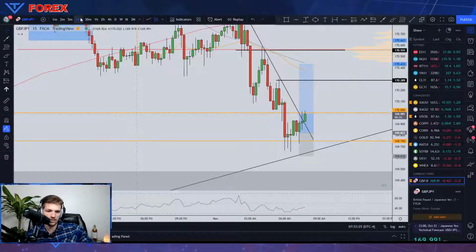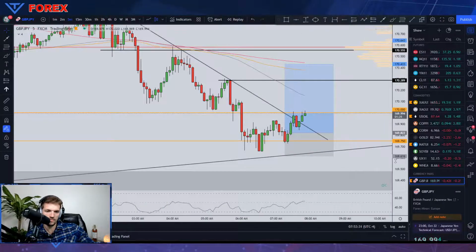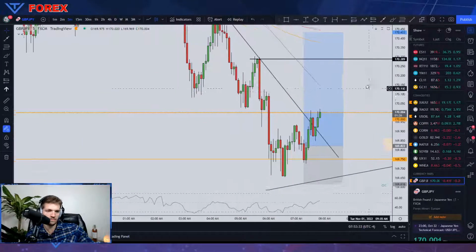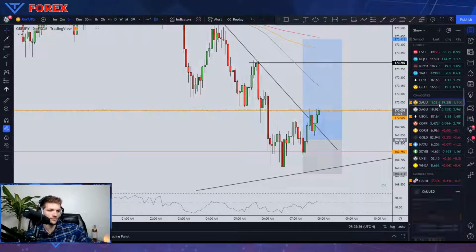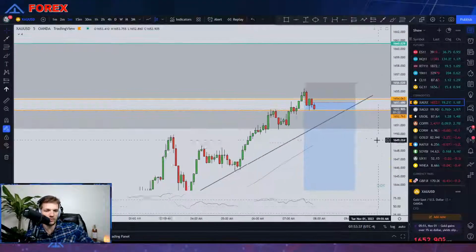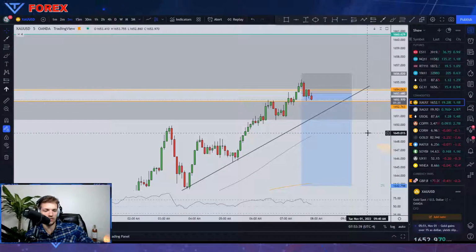Okay, it does have a little bit of a wick. Gold, nice 5-minute rejection here. Pulling back a little bit.